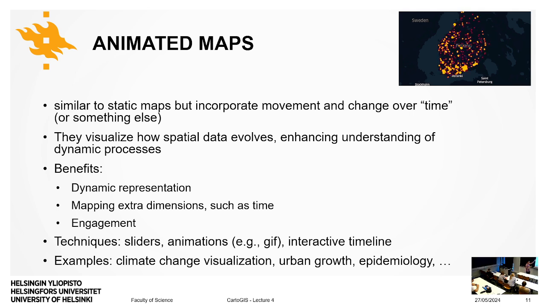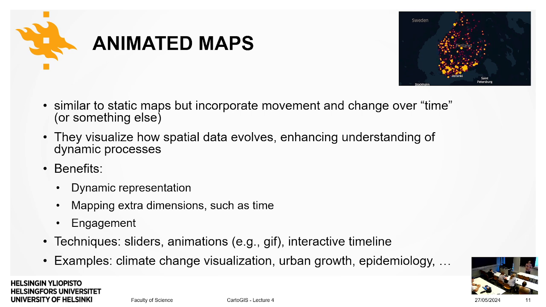They're similar to static maps, but they incorporate movement and change over time. I put time in quotations because usually that's what it represents, but it doesn't have to be. It can be other things as well. One thing is, for example, space.